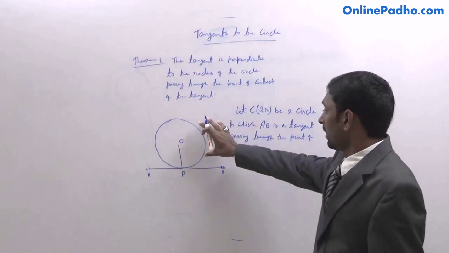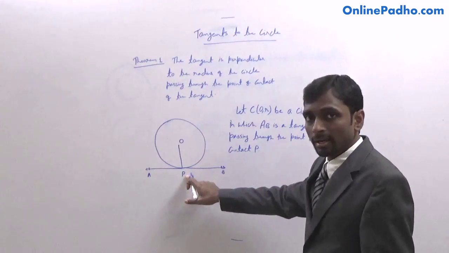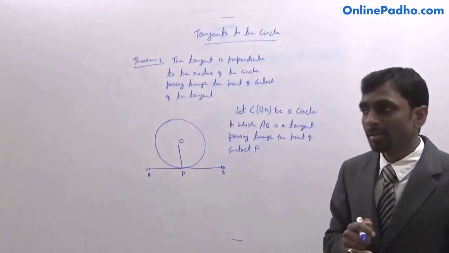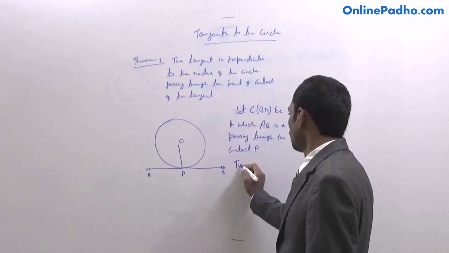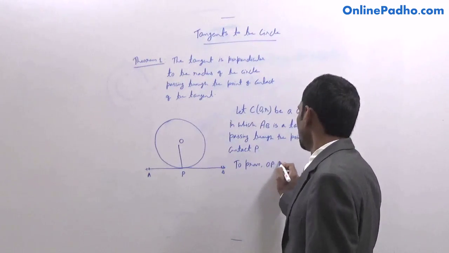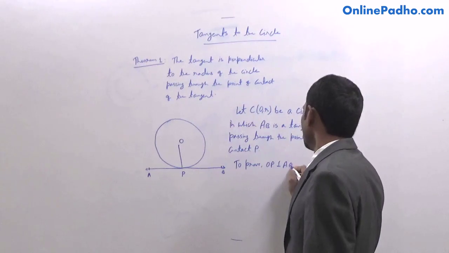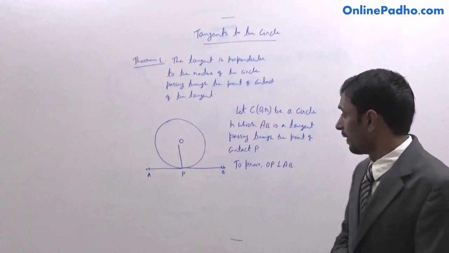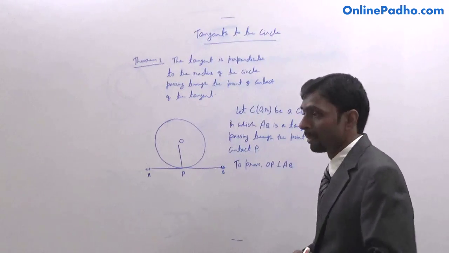This is a circle with center O and radius R, and this tangent AB is passing through the point of contact P. Now, what we need to prove? We need to prove OP is perpendicular to AB, right? So now how can we prove OP is perpendicular to AB?